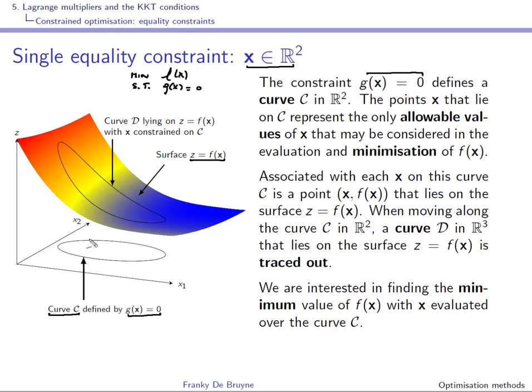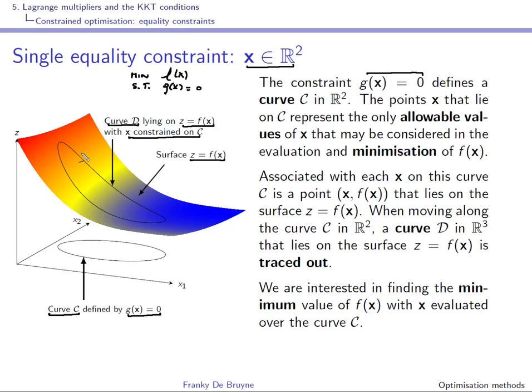So you can consider the image of this curve through the function f of x, and you'll define a curve D here that is really z equal to f of x, where x is constrained to live in this curve C over here, right?